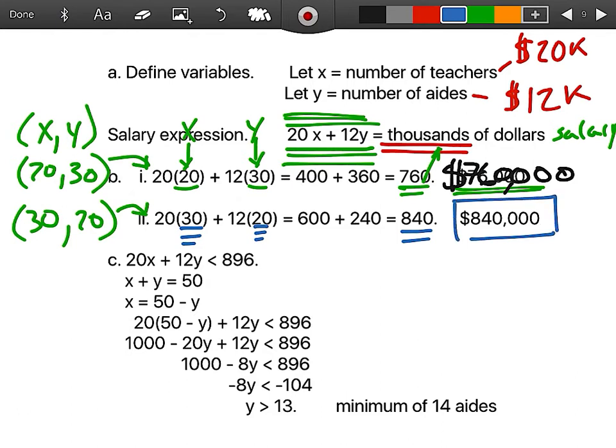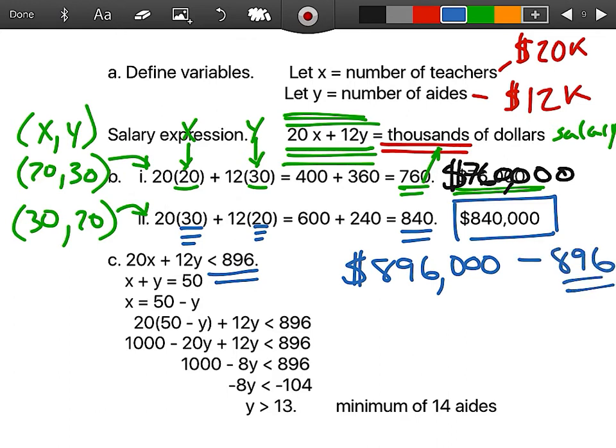Then they ask, how many aides can you afford if you have to stay under a budget of $896,000? So if my budget is $896,000, I want to make sure that I just use 896, because I've defined my variable as thousands of dollars.